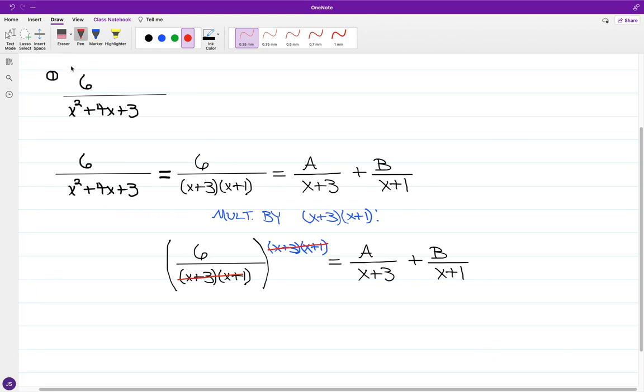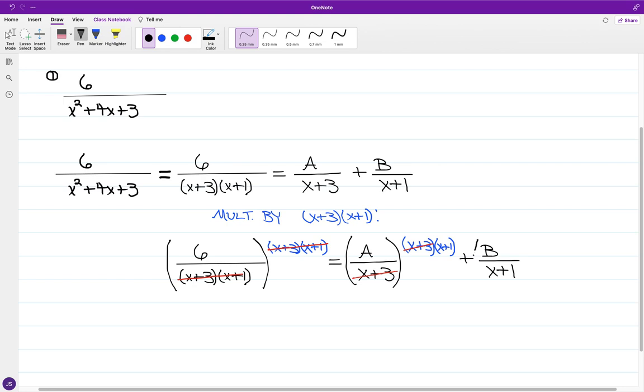And looking at applying the same treatment for a over x plus 3 and b over x plus 1. So with a over x plus 3, again multiplying by both x plus 3 and x plus 1. Now for a, we're going to have x plus 3 to cancel out, but you're going to have a to ultimately be distributed over the quantity of x plus 1.